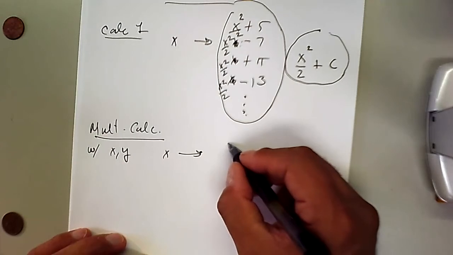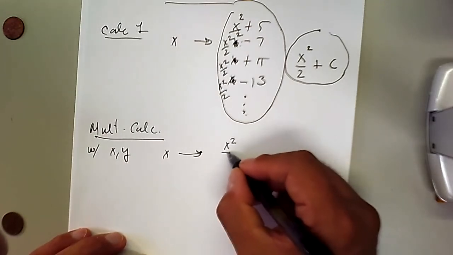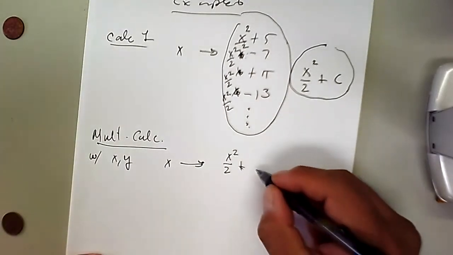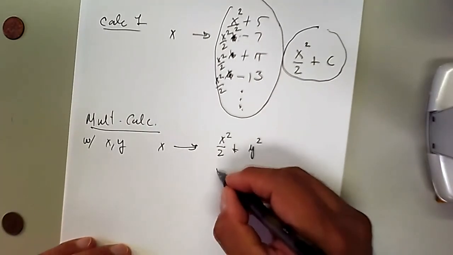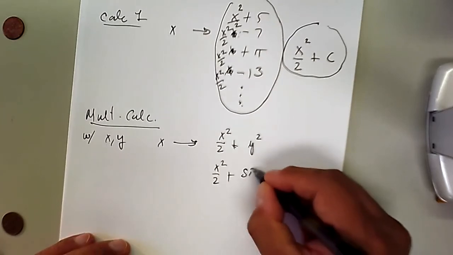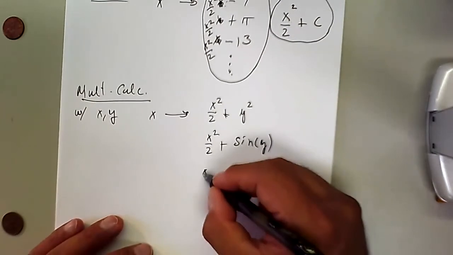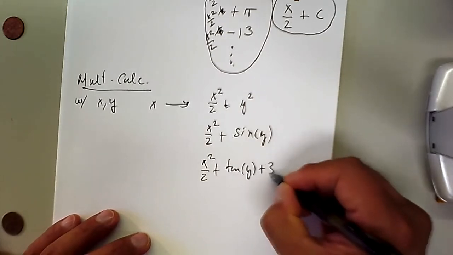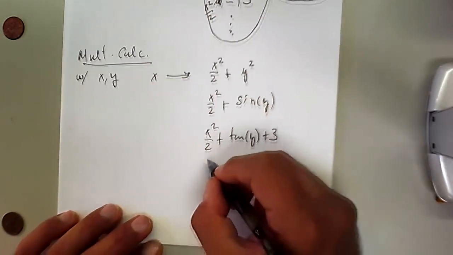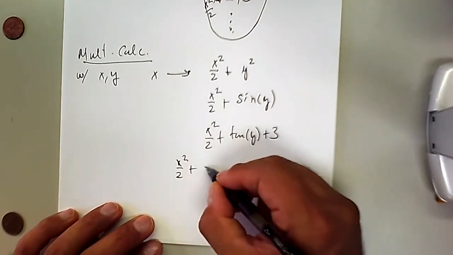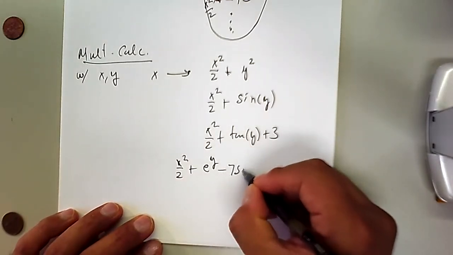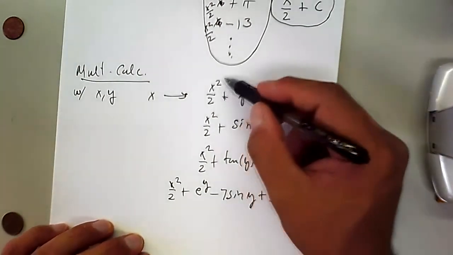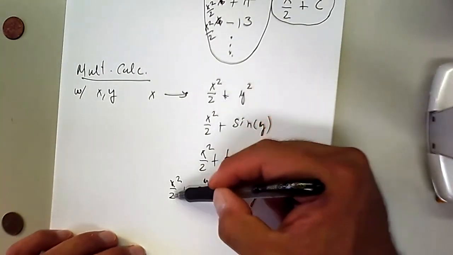Well, we could have x squared over 2, just like up here, plus y squared, or x squared over 2 plus sine of y, or x squared over 2 plus tangent of y plus 3, or x squared over 2 plus e to the y minus 7 sine of y plus 5, etc. So we still have the same root, x squared over 2.